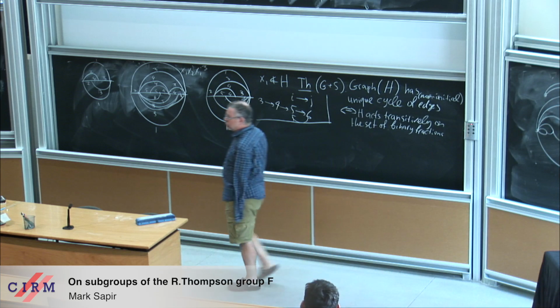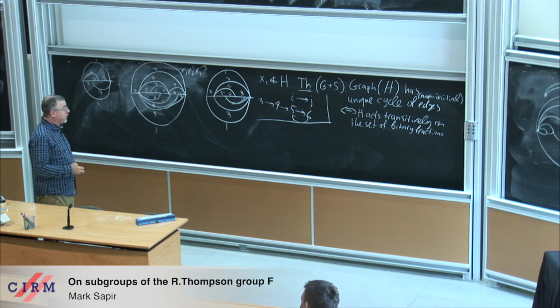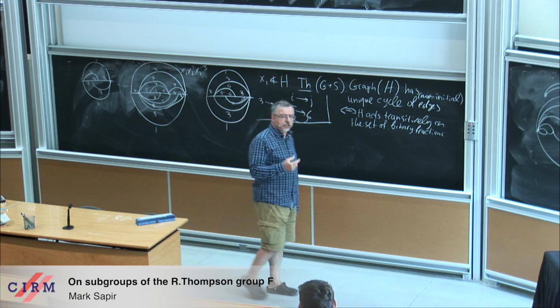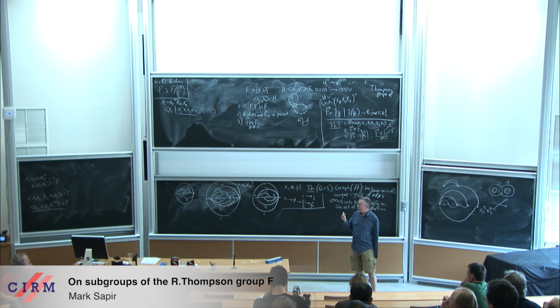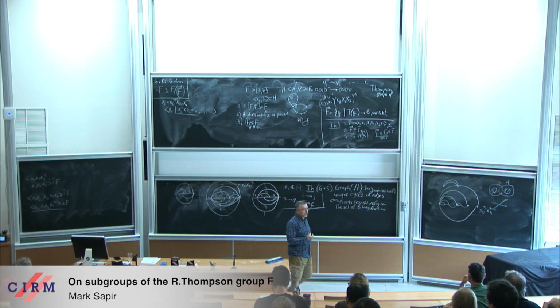I need to finish now. The last thing I want to say is that there is an open problem, the generation problem. Given two elements, you want to find out if they generate F. The conjecture is they generate F if and only if the subgroup is not inside a finite index subgroup, which is algorithmically verifiable.